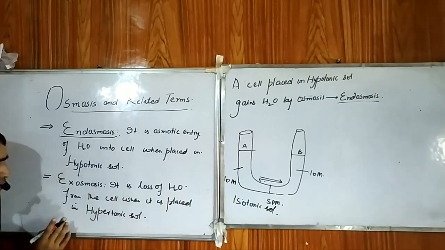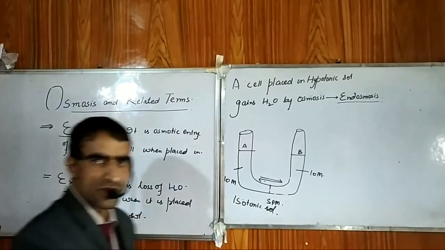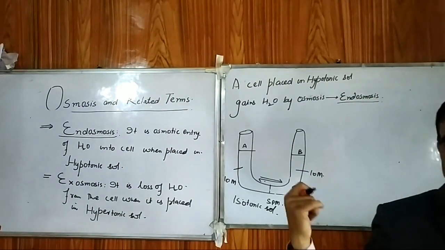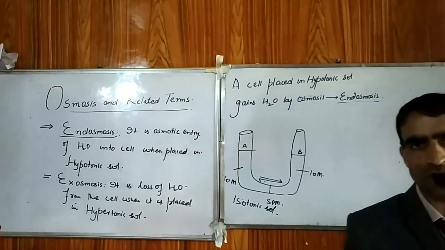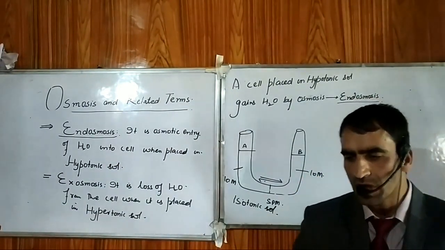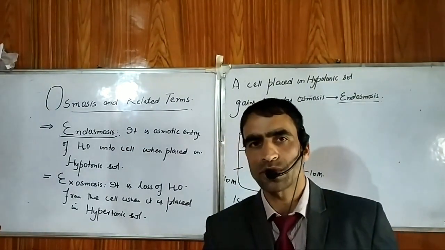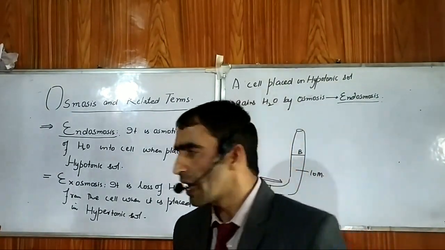Got it? So दो हैं, whenever water enters into the cell, it will be the concept of the hypotonic solution. It is endosmosis here. Whenever there will be loss of water from this cell here, it will be called as exosmosis.